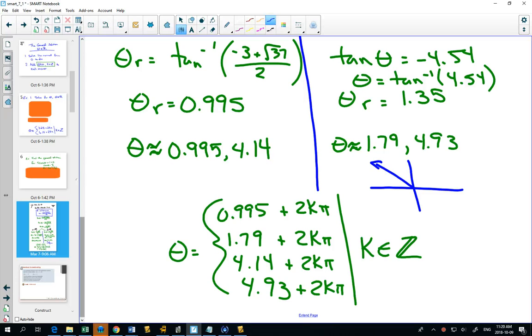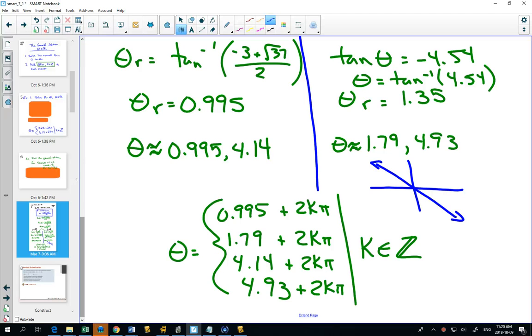Right here. Where's 4.93? Exactly 180 degrees around there. That's not easy to see. So the recommendation is just, once you find them, just list them all and go plus 2k pi. Because the plus k pi only works with tan. And then understanding why it works, you're probably safer just going plus 2k pi.